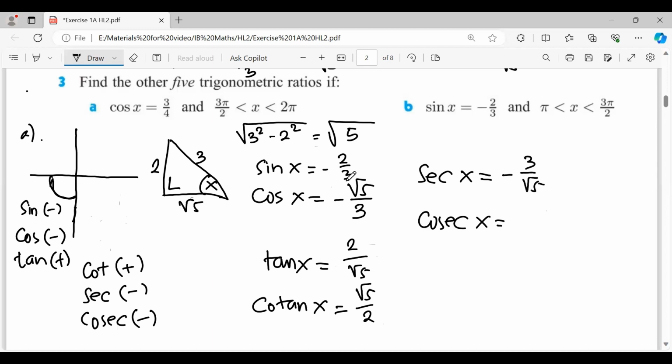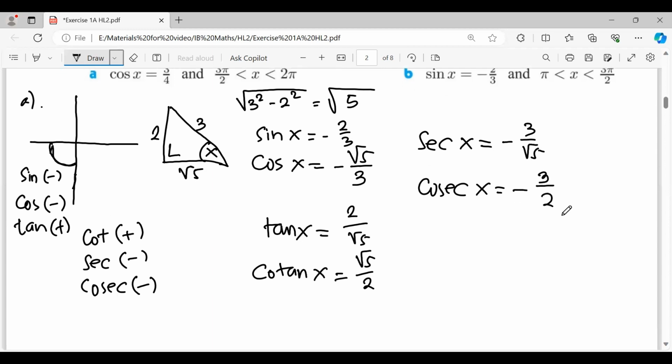Cosecant is the inverse of sine x. Inverse means the opposite of negative 2/3. And cosecant is negative, as sine is negative. Okay, the opposite of this fraction, negative 3/2. Okay, that's number 2b.